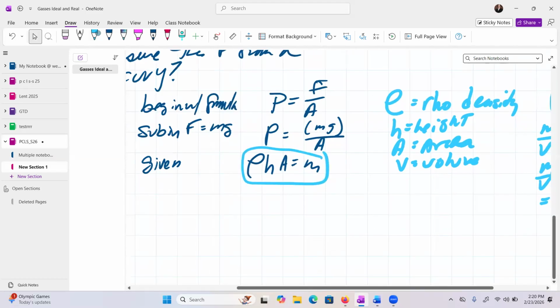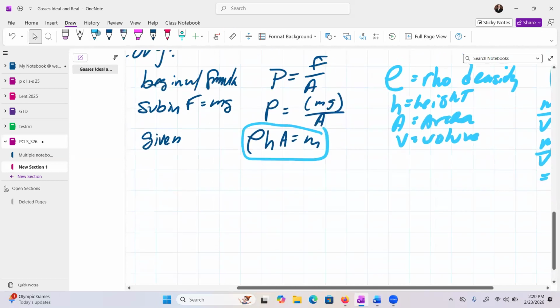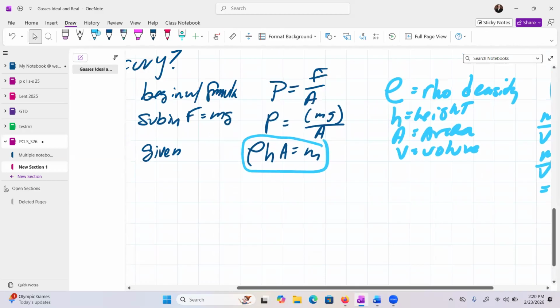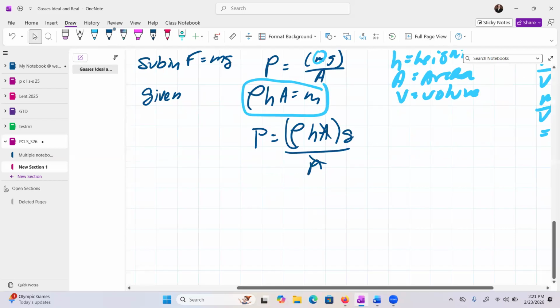So now I'm going to come back to where I was before. We had M right here, and now I can plug this equivalency in. So I can write P equals rho H A times g over A, and now the A's cancel.